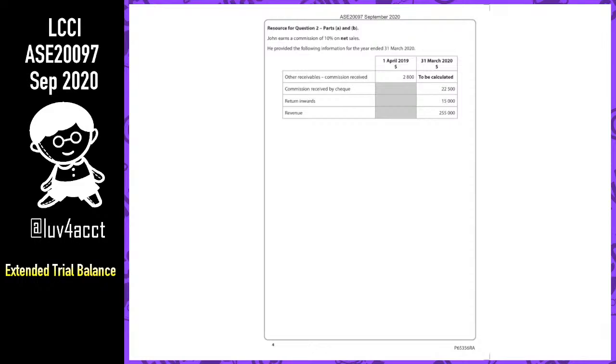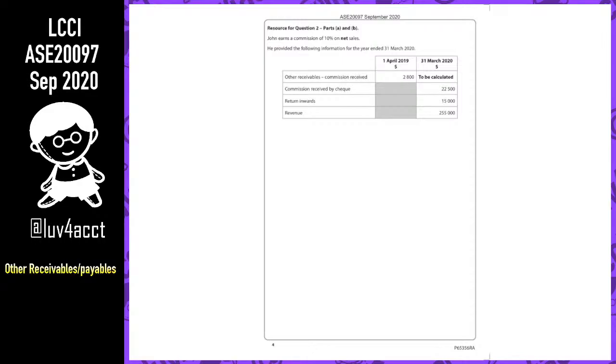Let me say that it is, first of all, other receivables, payables, and also some sundry items. I can't classify. It's asking too many different things.